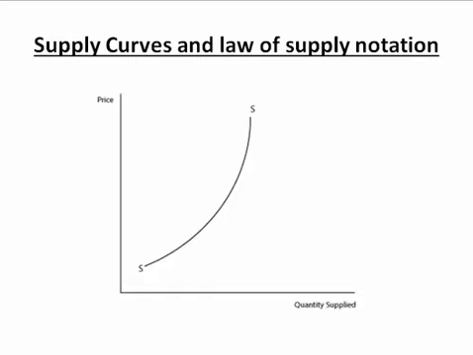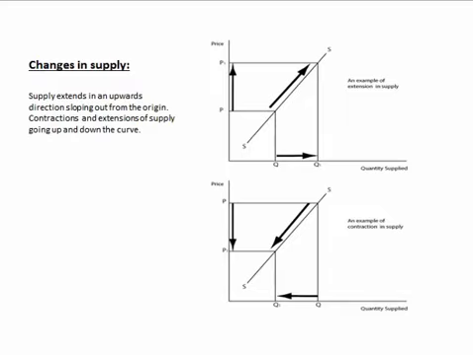So then, supply. Supply curves and the law of supply notation. A supply curve curves upwards from the origin, outwards from the quantity supplied, and upwards in terms of price due to the law of supply. There are two examples in front of you of supply. As you can see, it extends straight out from the origin in a straight line, therefore a straightforward supply.